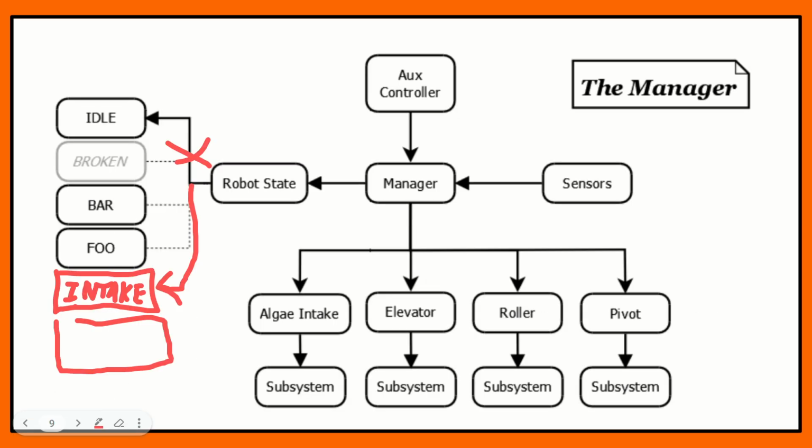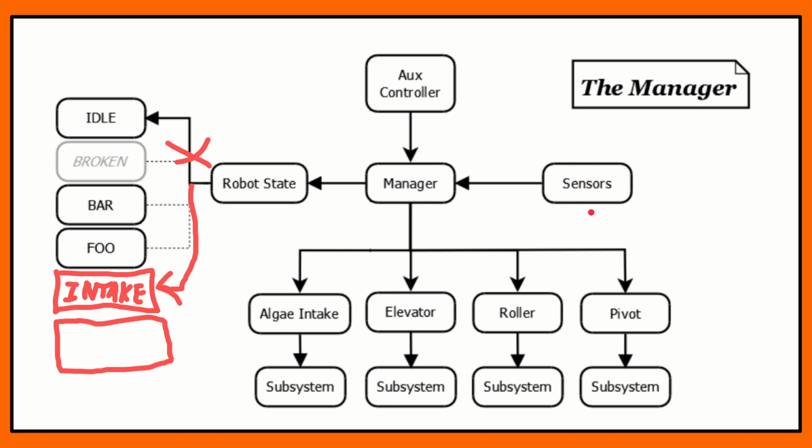Let's keep going on this example here on picking up an algae. So once we've picked up the algae, let's say, well, we don't have a sensor in there, we just eyeball it, but hopefully we do have a sensor in there next year, and other teams have sensors in their intakes.